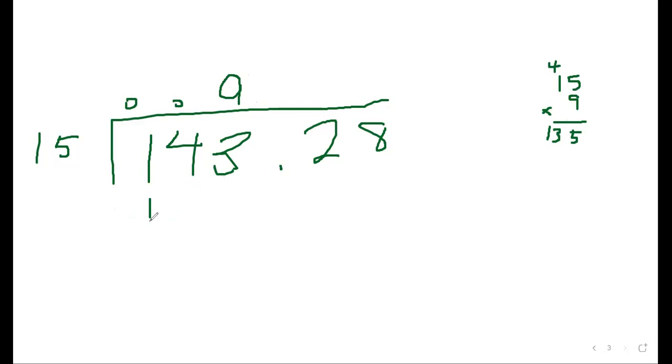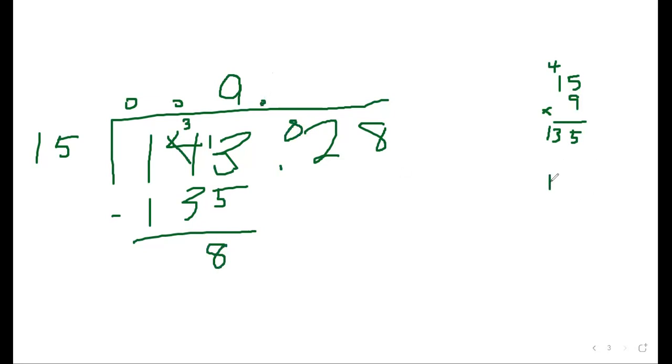That will be 135. Then it cannot be, so I will borrow from there. This will be 8. So now I will put the 8 here, and I will put the decimal here.